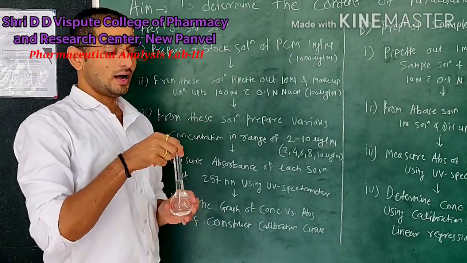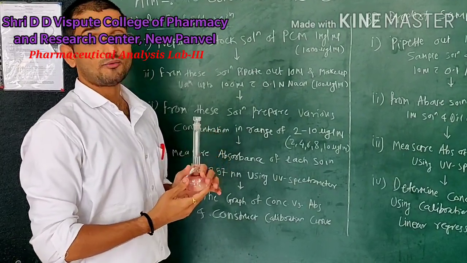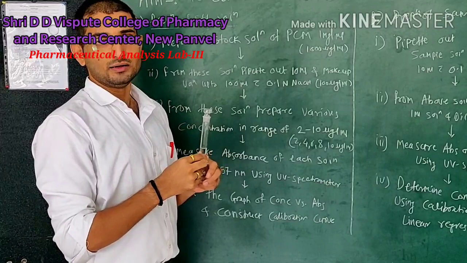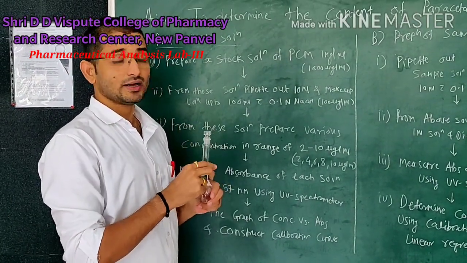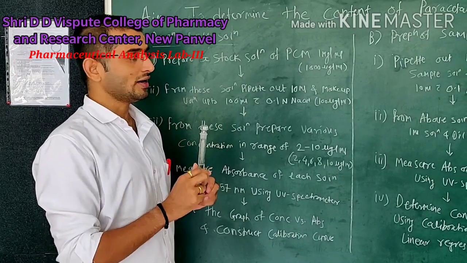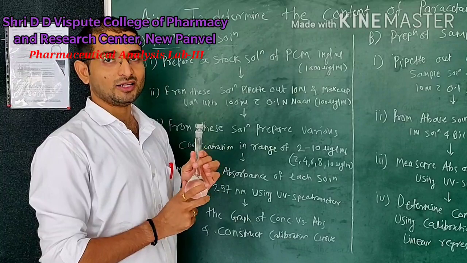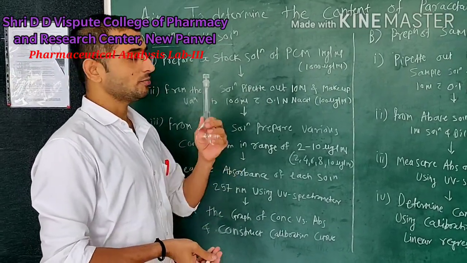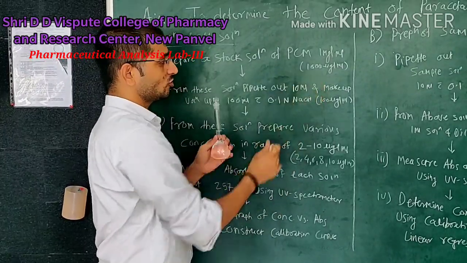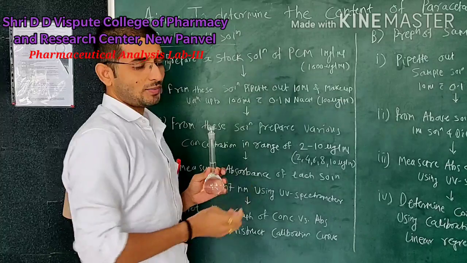Transfer 100 mg of pure paracetamol to a 100 ml volumetric flask, add 50 ml of 0.1 normal NaOH, shake for a few minutes and make up the volume to 100 ml with 0.1 normal NaOH. If any particulate matter is observed, filter the solution and it is ready for further dilution.